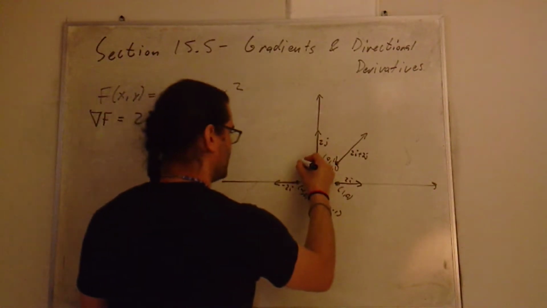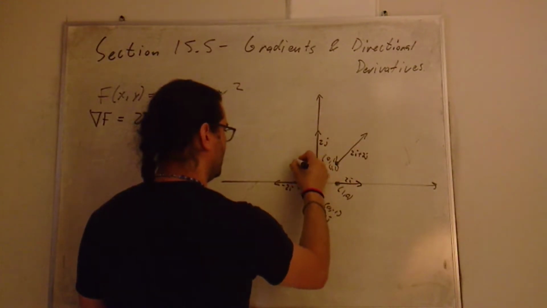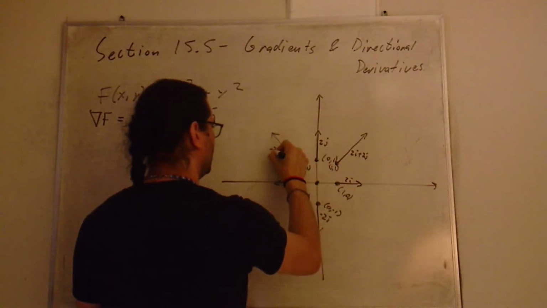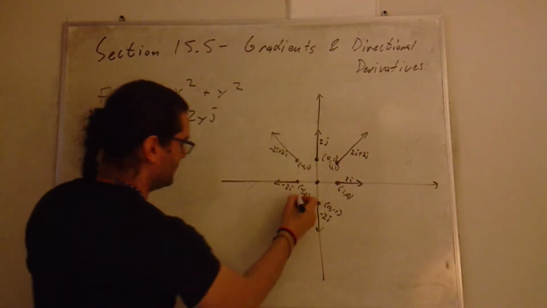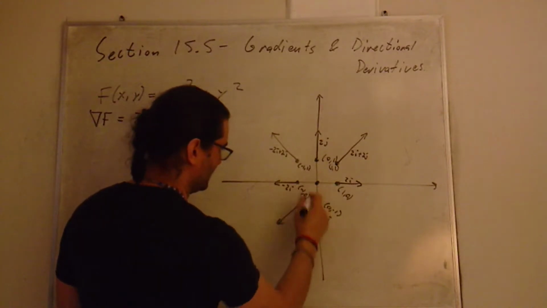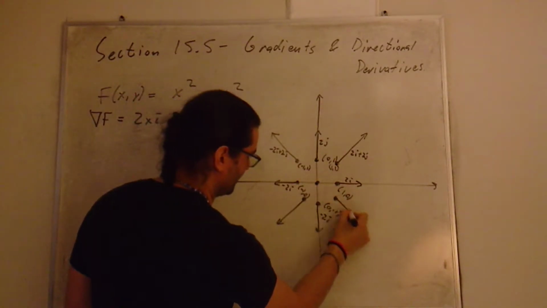If you plug in negative 1, 1, we get a vector that goes negative 2i plus 2j. Hopefully the pattern is pretty clear. At this point you're going down that way, and at this point you're going down this way.